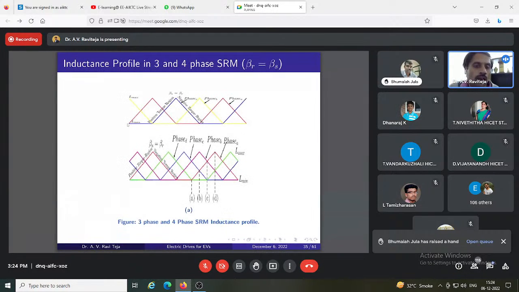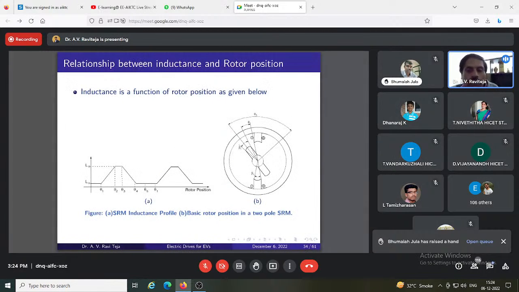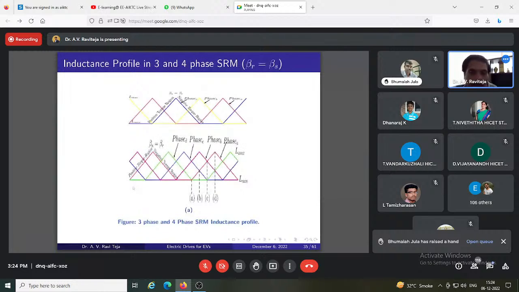So you will have this kind of inductance profile, where it immediately starts dropping after reaching the peak. Whereas if the width of the stator pole or rotor pole is higher, then there will be some time where the maximum inductance remains, and then it will start to de-align.